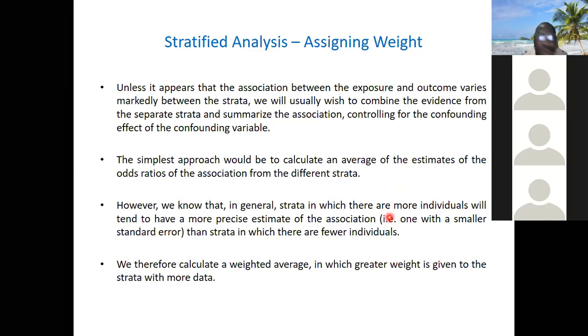When you divide your data into strata, they may not have equal sample sizes. The stratum that has a higher sample size, with more data, will give an odds ratio that is more accurate than the one with fewer subjects.